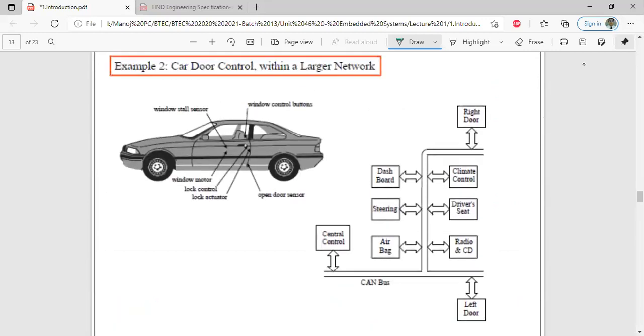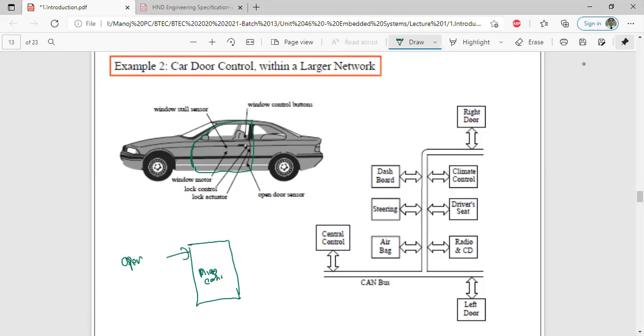And if I take another example, this is car door control within a larger network, right? So this model should be added like this: there should be a microcontroller, and here, what are the sensors that you are connecting?